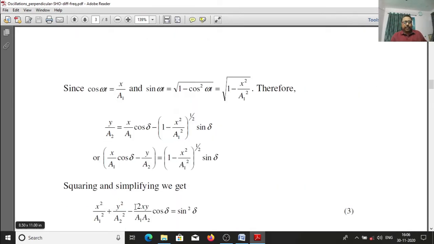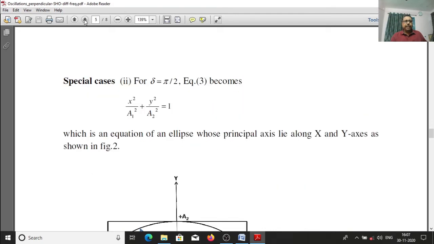If delta equal to pi by 2, then cos delta equal to 0 and sin square delta equal to 1. Therefore, we get only the first term and the second term is 0. That means x square by a1 square plus y square by a2 square equal to 1 when delta equal to pi by 2, which is the equation of an ellipse whose principal axes are along the x and y axes, as shown in figure 2.